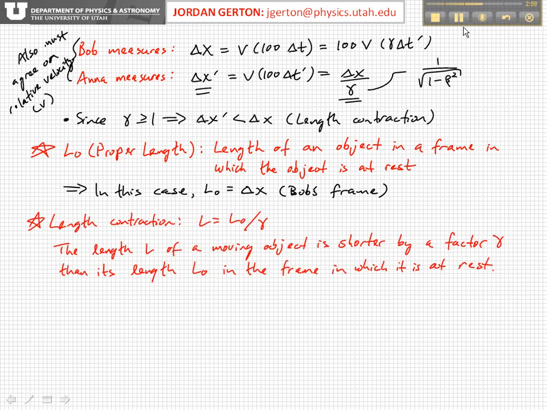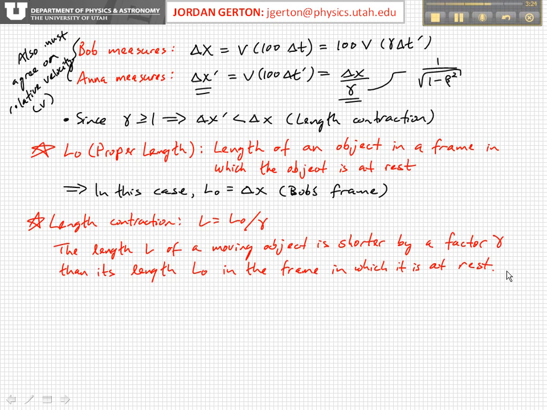So given this definition, we have a general expression for length contraction, which is L is equal to L naught divided by gamma. In words, the length L of a moving object is shorter by a factor gamma than its length L naught in the frame in which it is at rest.